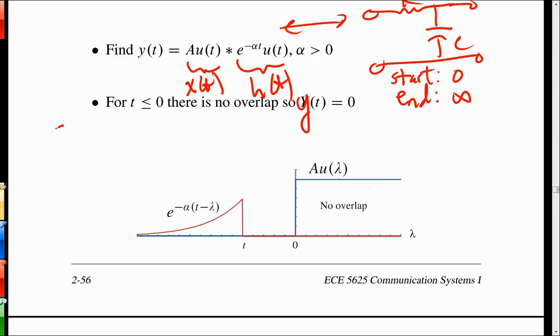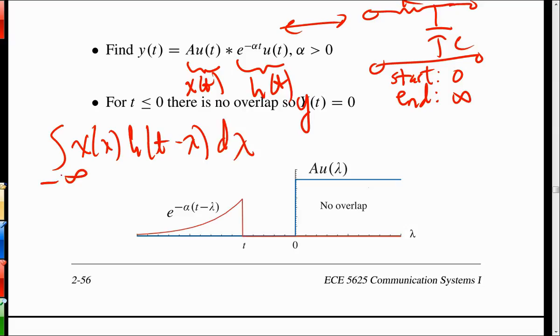The way I've set this up is x of lambda times h of t minus lambda d lambda. That's the form of the convolution integral. So I'm doing the flip and slide on the h of t signal.